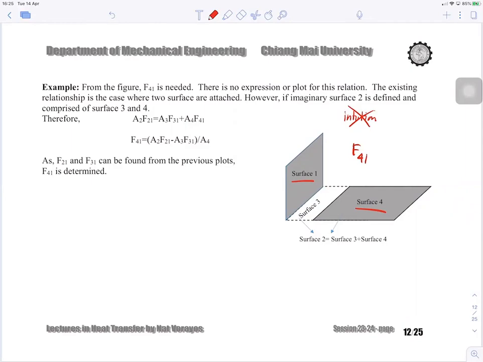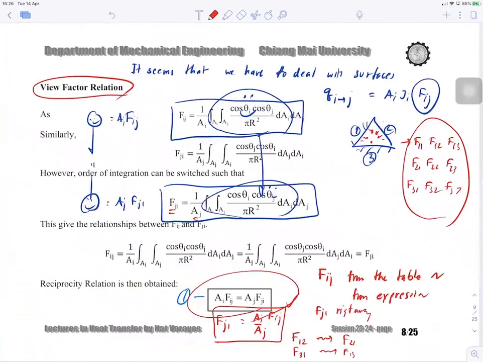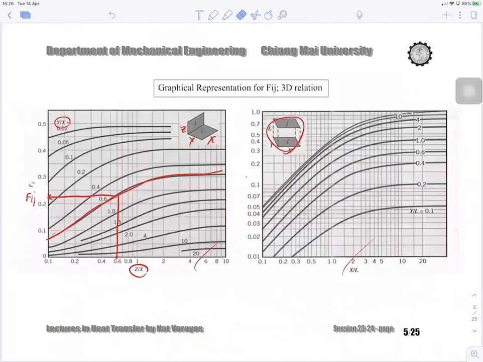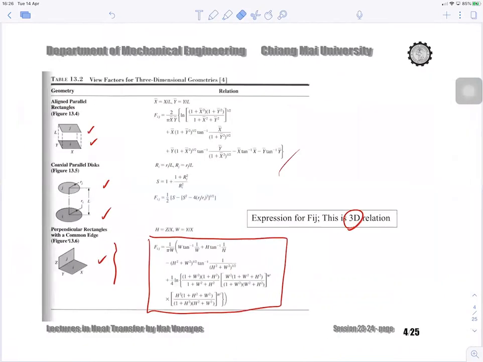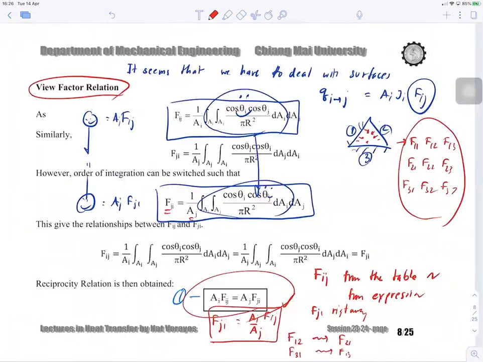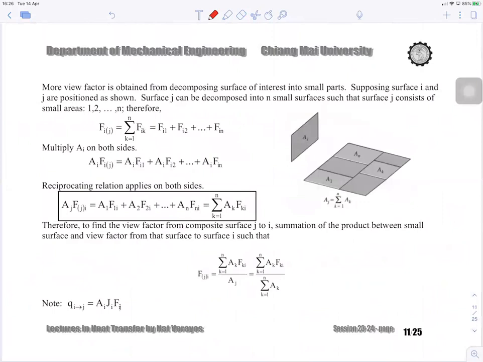So now it's your duty to take a look at the table. The closest that you have on the plot is this case. But the problem at hand that you have is this.